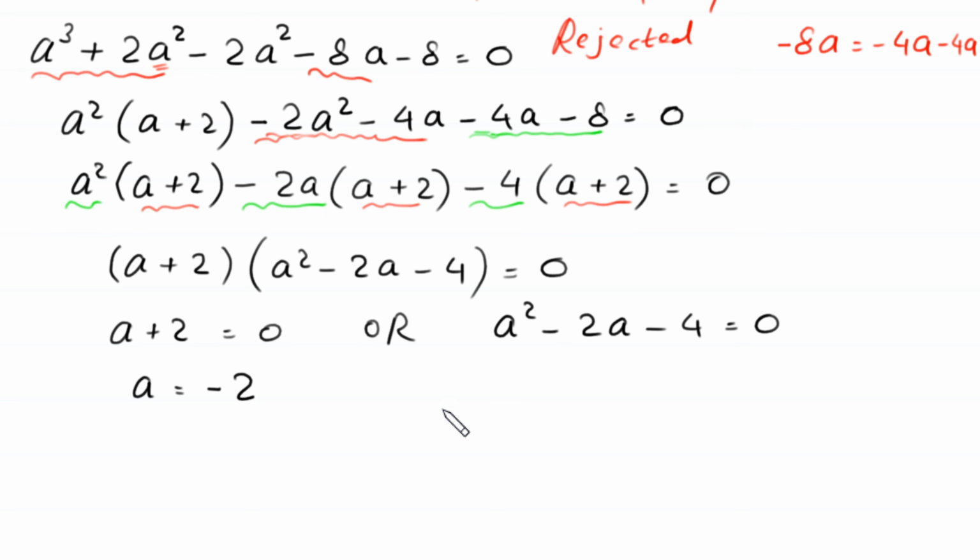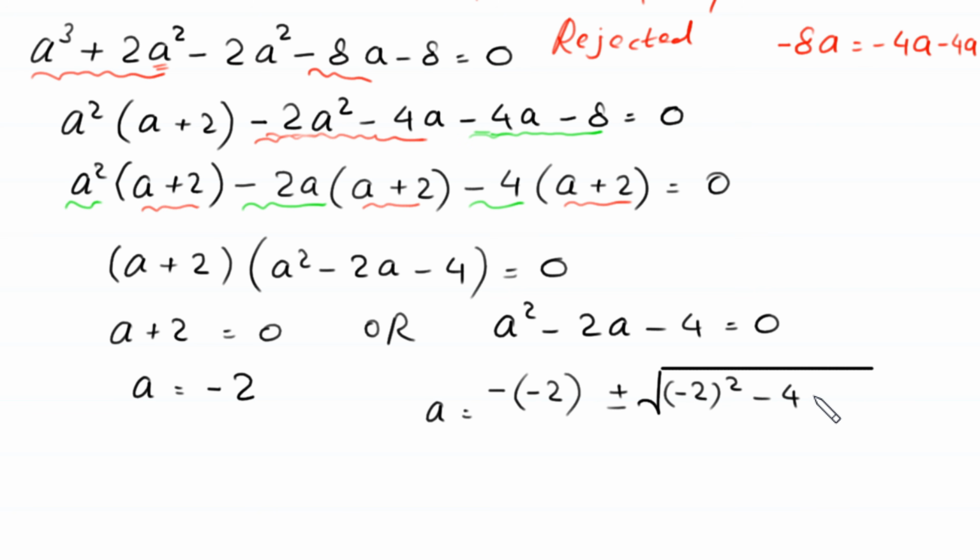According to quadratic formula, the value of a is negative, negative 2, plus minus square root of, in place of b squared we write negative 2 squared minus 4 times, in place of a we write 1, times, in place of c we write negative 4, divided by 2 times, in place of a we write 1.